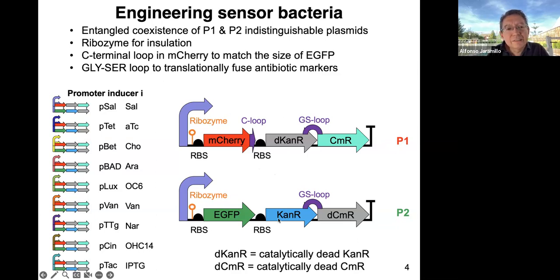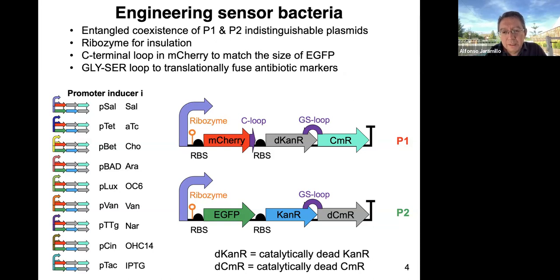Something normally nobody would do is to give them the same resistance, ampicillin in this case, which I'm not showing here for simplicity, and the same replicon, ColE1. Normally, if you have this, it is the same compatibility class, so they will be incompatible and one plasmid will just get kicked out of the cell.